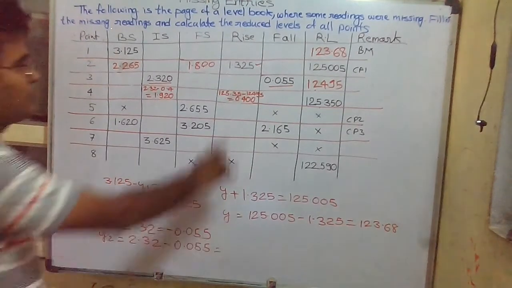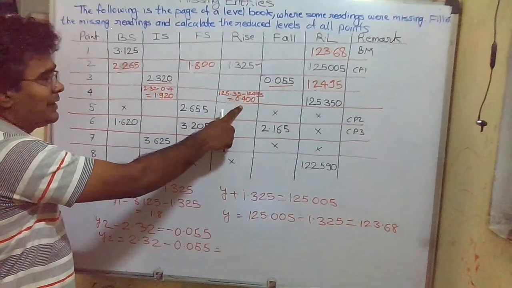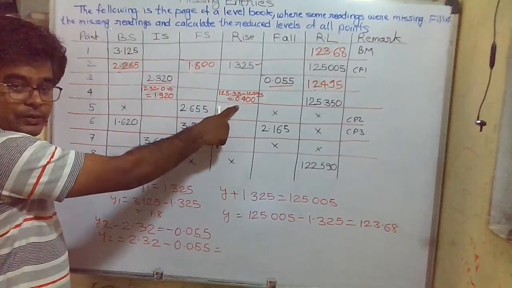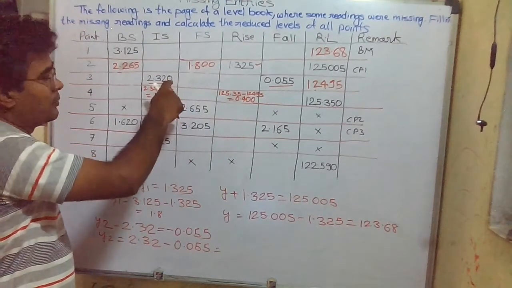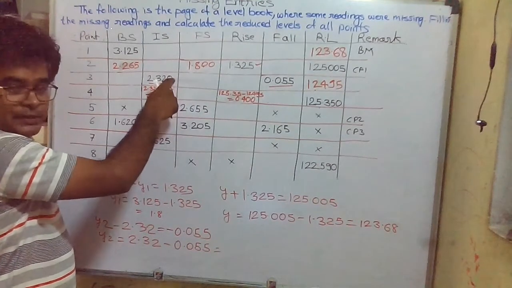Got it? First we find out the rise. In reverse calculation, we subtract the forward reading from the previous reading.